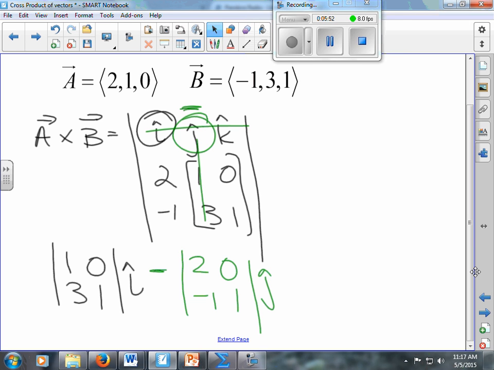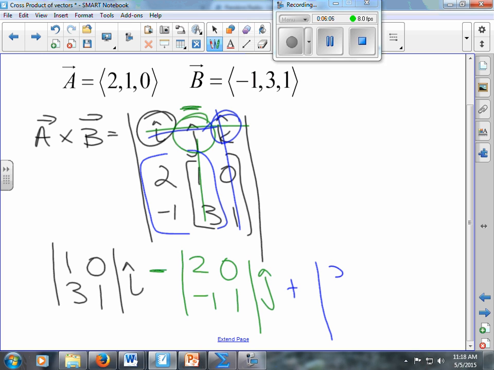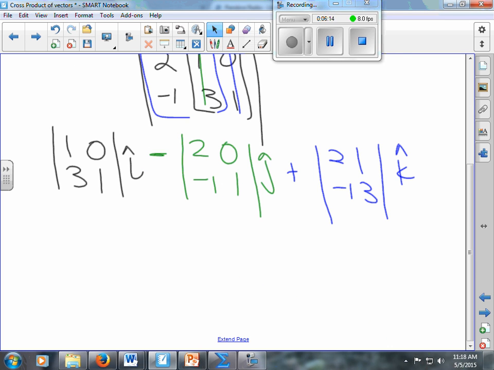And then finally, I move on to the last entry in the first row, the k unit vector, and I cancel its row and column, and so I'm left with the 2 by 2 matrix 2, 1, negative 1, 3, and I do the determinant of it and multiply that by the k unit vector. Okay, and then now I just have to do these three 2 by 2s, which are simple to do the determinants of.